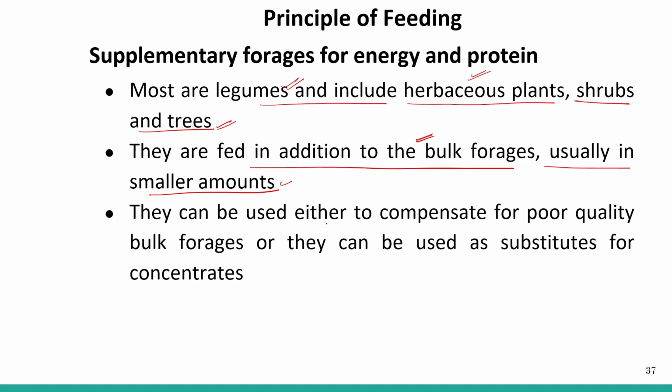They can be used either to compensate for the poor quality of bulk forage, or as a substitute for the concentrate. They are used because our bulk forage does not contain energy-providing or protein-providing nutrients. So supplementary forage is a good source that can provide energy to the cattle as well as protein nutrients.